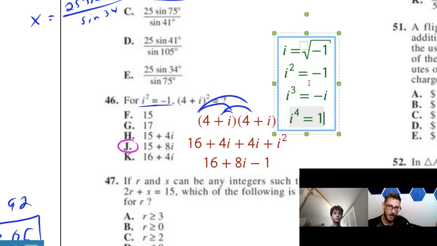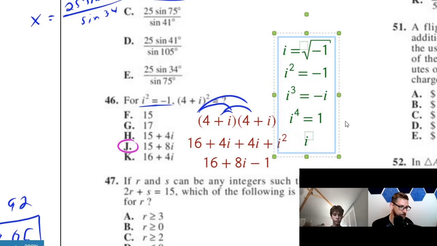So whichever way you get there, you get to this. And so then, because i to the fourth is 1, what does i to the fifth have to be? So i to the fifth is just i to the fourth times i, right? So then just i. Just i. So then you kind of start the cycle over again.